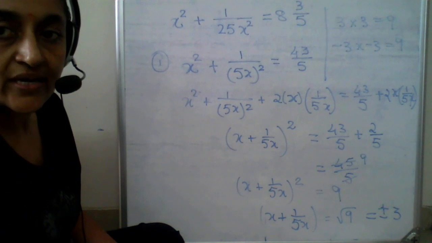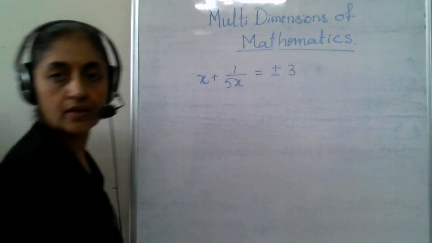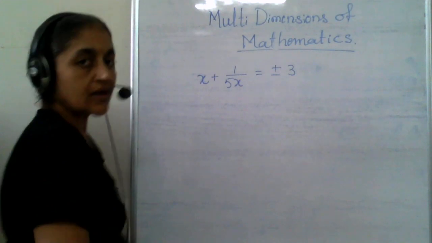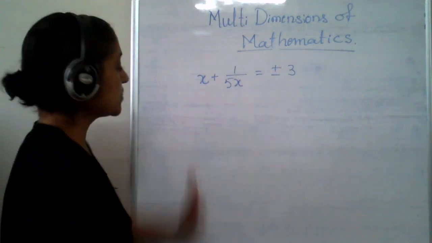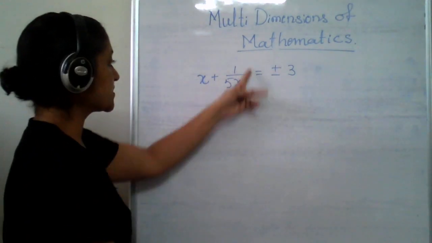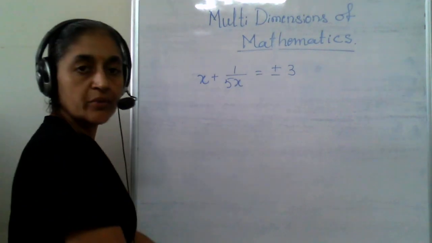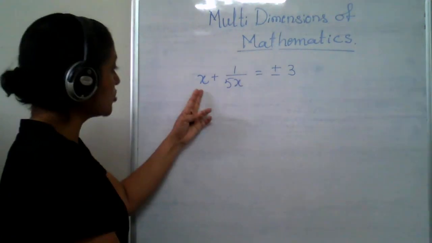I'll clear the board and get back. Now as we already got this value, unless and until we cube this on both sides, it will not be possible to get the cubes of this and this.